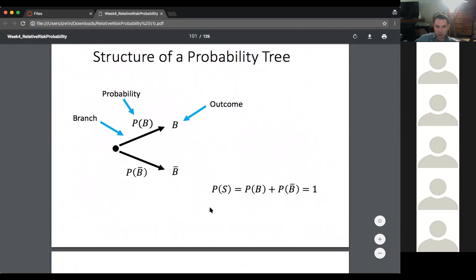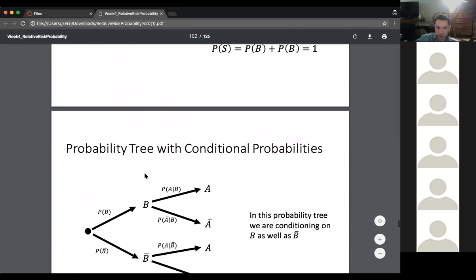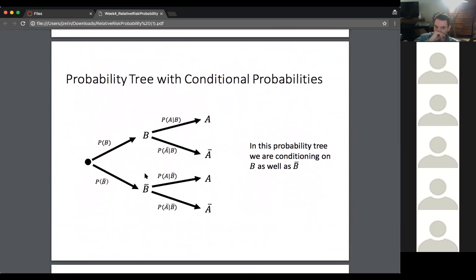And just the structure, we could say this is the probability of B, and this is the complement, the probability of not B. And we can also use conditional probability here. So we could have the probability of B or the probability of not B. And then from there, we can say the probability of A given B, because the conditioning statement B is what's given. So here we're saying B did occur, and what is now the probability of A occurring given that B occurred?